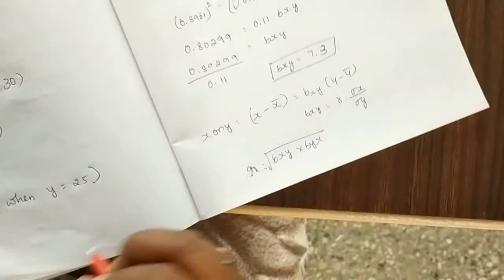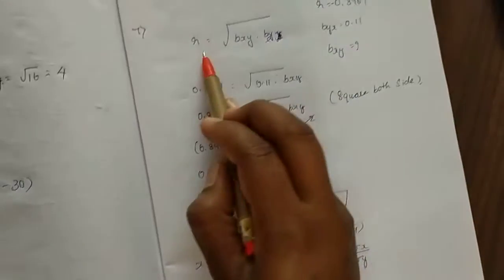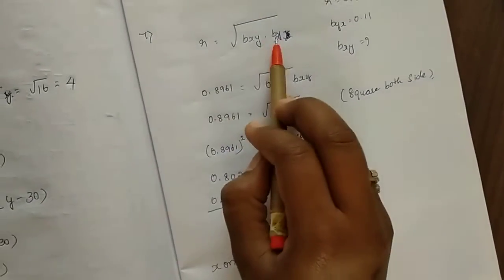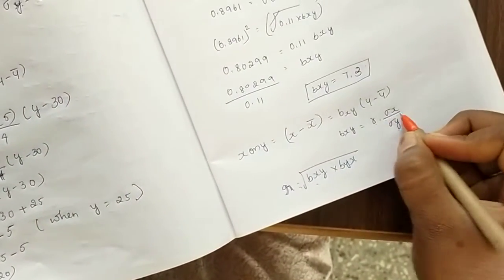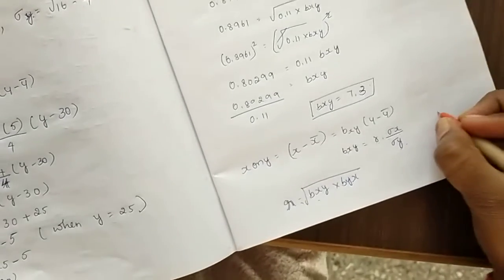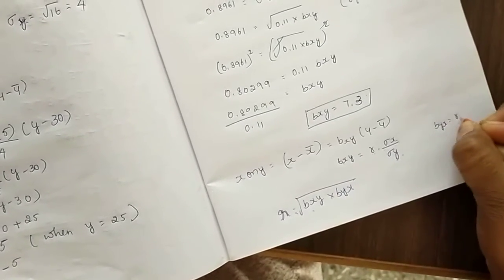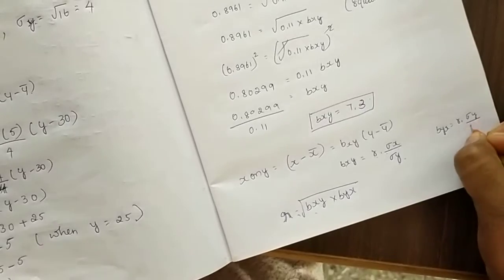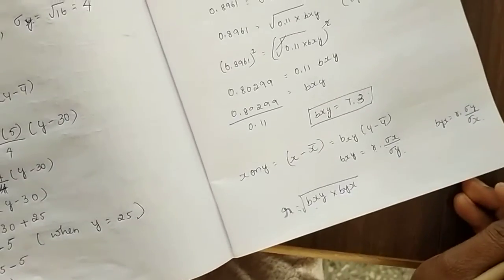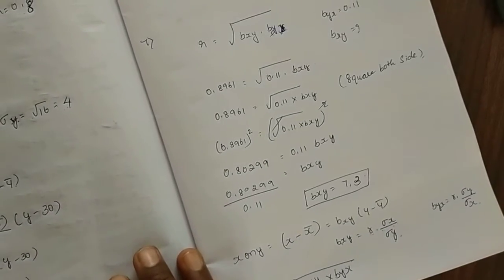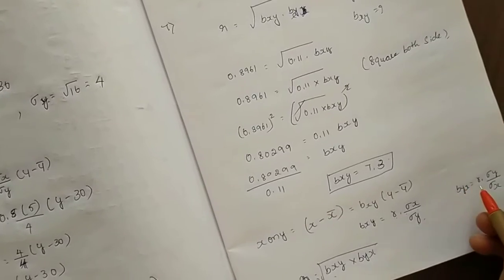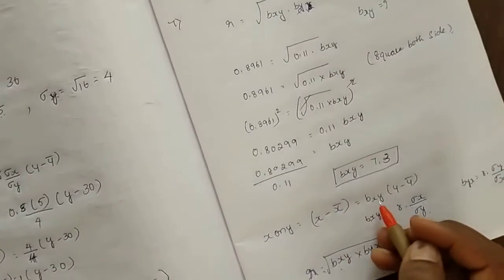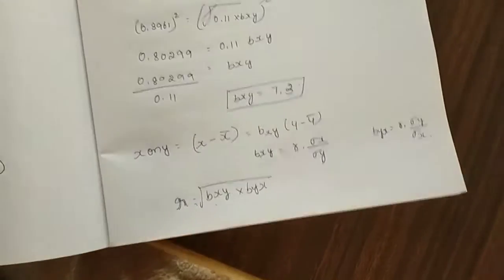Here bxy is r into standard deviation of x divided by standard deviation of y, and byx is r into standard deviation of y divided by standard deviation of x. This formula will be applied. So write down this formula.